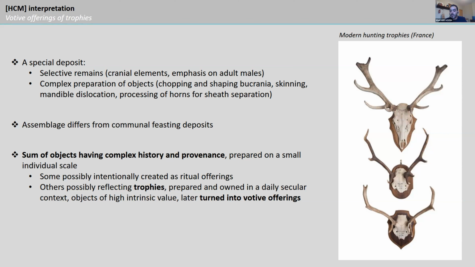Others may be instead objects of high symbolic value, possibly prepared and owned in a daily secular context as trophies. These trophies will have been turned later into votive offerings within the deposit because of their intrinsic value.